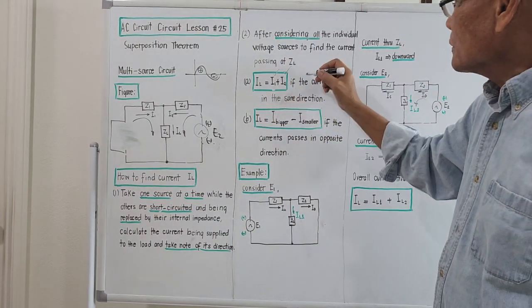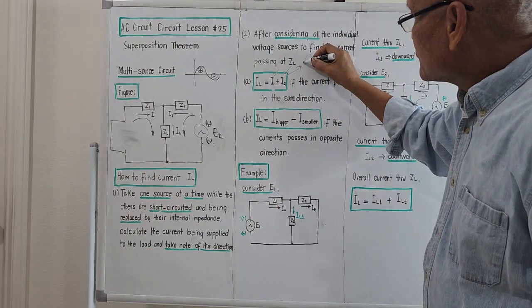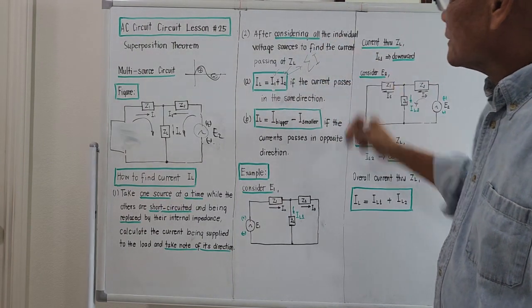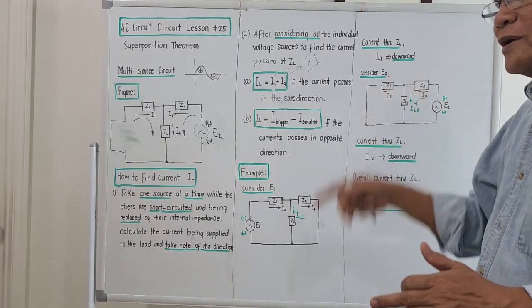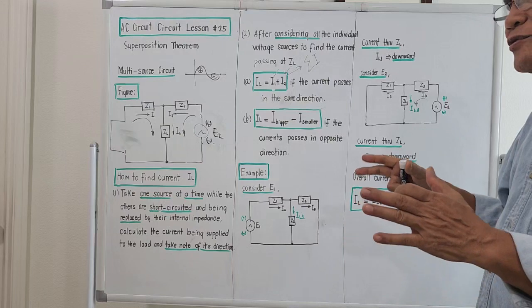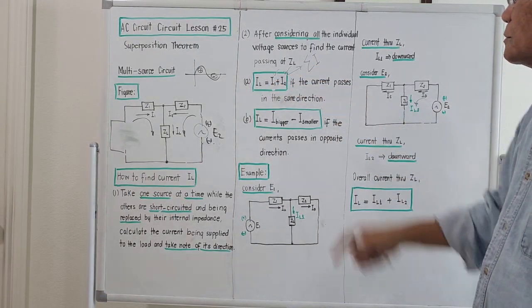It will be the summation of the current. If they pass through ZL in one direction, the total current passing through ZL should be the summation. It should be I1 plus I2.